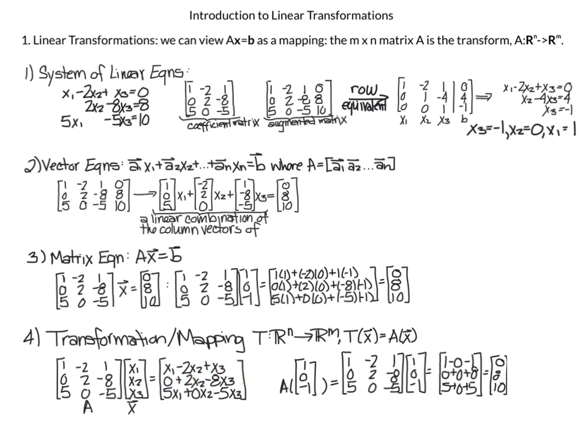The second new coordinate will be 2x2 minus 8x3, and the last coordinate is 5x1 plus 0x2 minus 5x3. And again, we can think of putting this vector, our x1, x2, x3, which we solved for here, our 1, 0, minus 1, into A. So A times our vector x will give us our vector b.